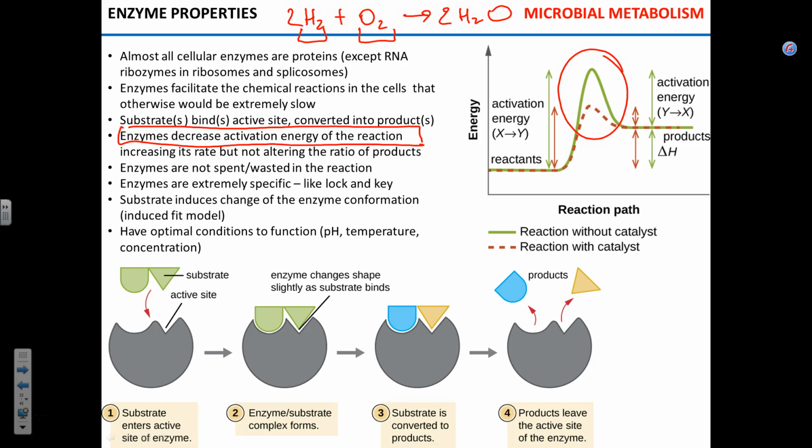So if we would have a hypothetical enzyme that would speed up this reaction, we would still, if we mix 2 moles of hydrogen and 1 mole of oxygen, get 2 moles of water, not 3, not 4, still 2. Ratio is going to be the same, but the rate of the reaction will be much higher. Does that make sense?